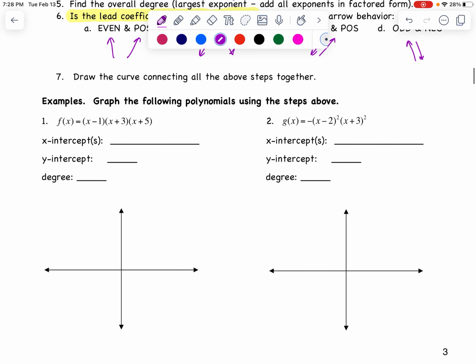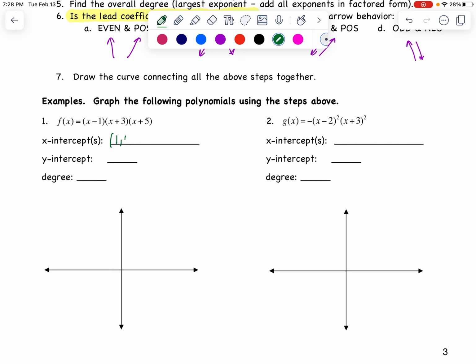It says examples, graph the following polynomials using the steps above. So our first function, we have f of x is equal to the quantity x minus 1 times the quantity x plus 3 times the quantity x plus 5. We all know getting your x-intercepts is just pulling it straight from your function.